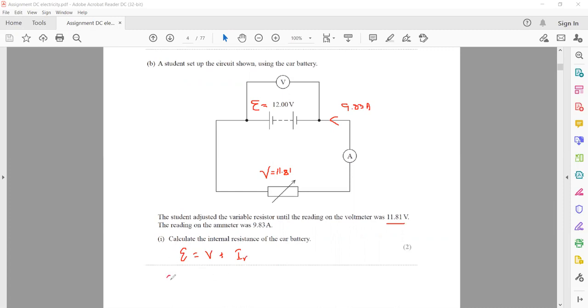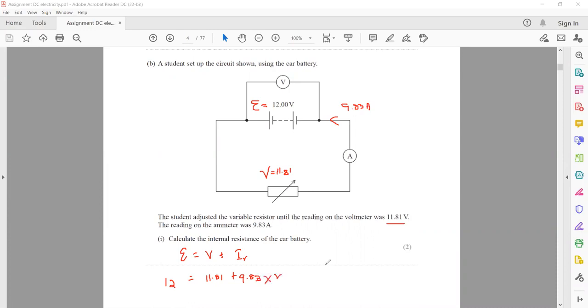So we have this 11.81, the current is 9.83. Sorry, the total EMF is 12, by mistake I wrote 9.83. So the EMF is 12, V is 11.81, current is 9.83, and resistance r is there.